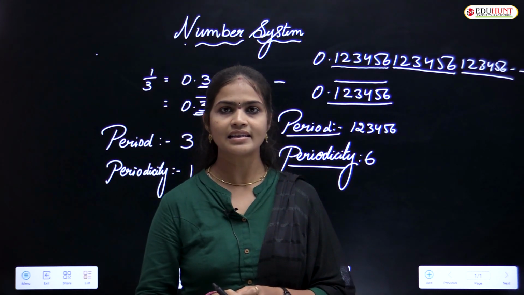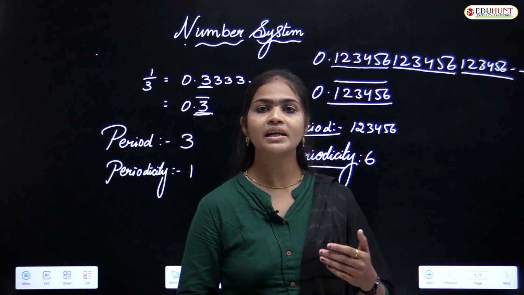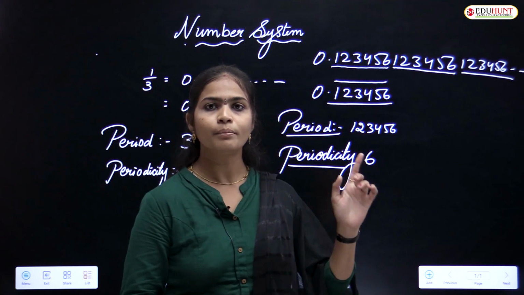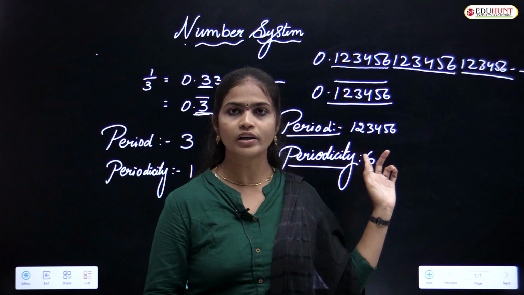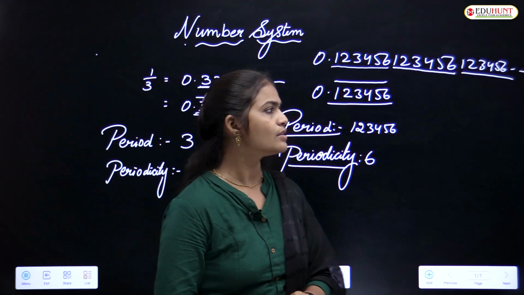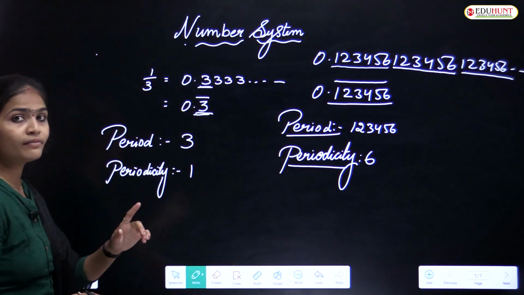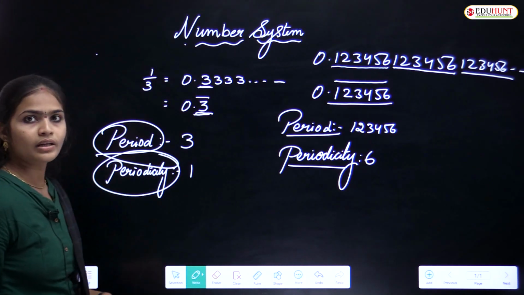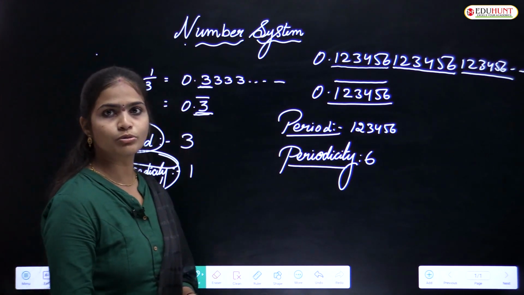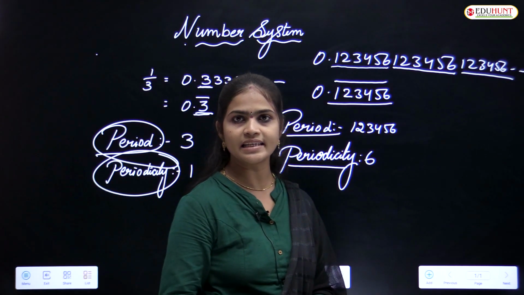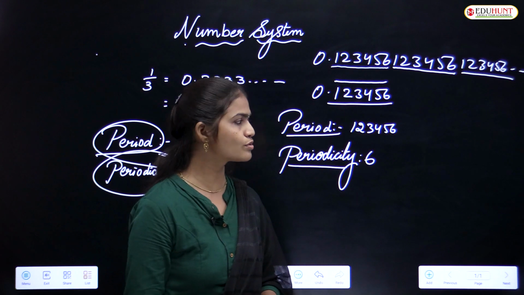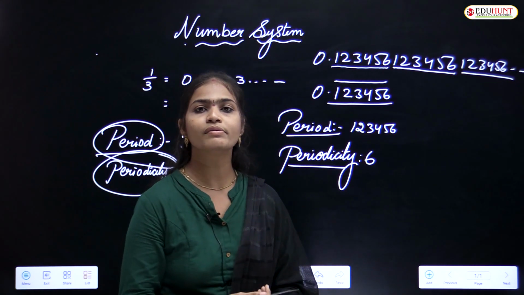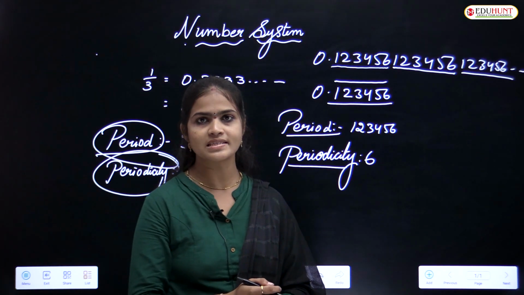Non-terminating recurring decimals also we can convert into P by Q form by following the method I told you previously. And two very important concepts are period and periodicity. You have to learn which one is period and which one is periodicity, and see the difference between those two. So this is about rational numbers. In the next class we will discuss irrational numbers.